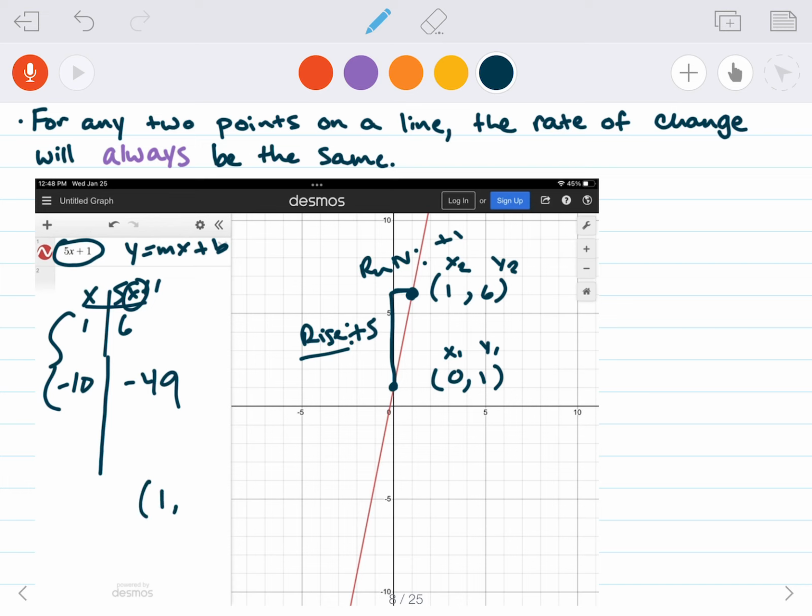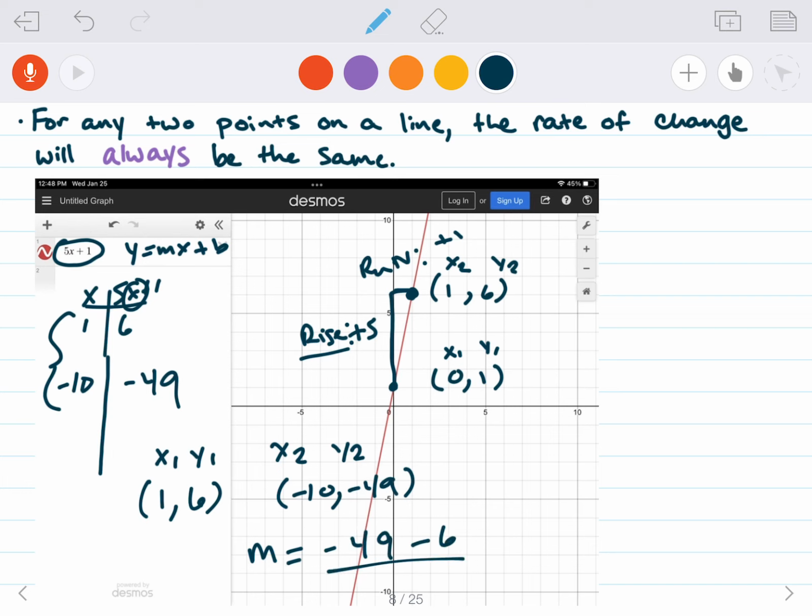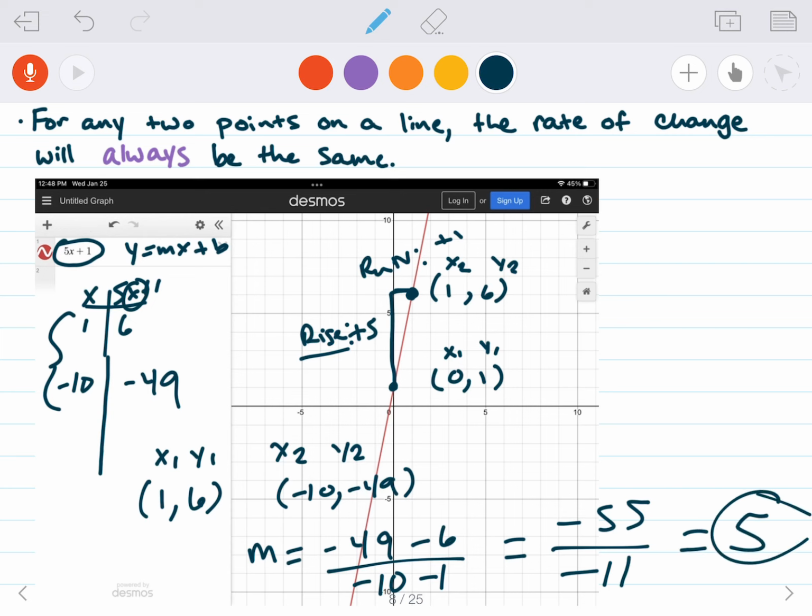We have x1, y1 as 1, 6, and x2, y2 could be -10, -49. Using my formula for slope, y2 minus y1 divided by x2 minus x1, this gives me -55 over -11. When you divide those negatives, look at that, we get a slope of 5.